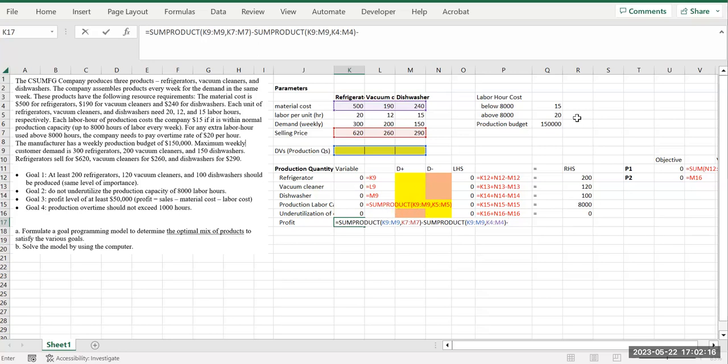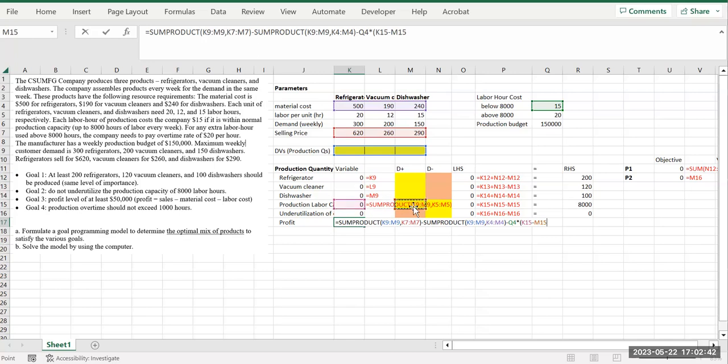So it's going to be 15 times the production labor used under 8,000 or under, right? So that would be the production labor capacity, that would be the actual, minus any positive deviation.